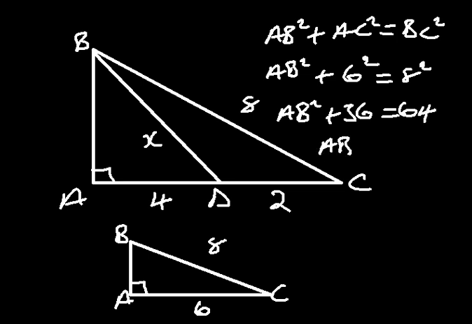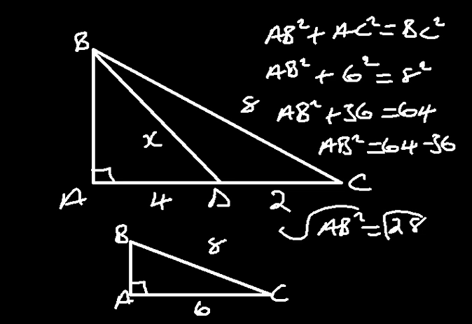Now we have AB square, which is equal to 64 minus 36. Now what is 64 minus 36? Now we have it as 28. So which means AB square is equal to 28.